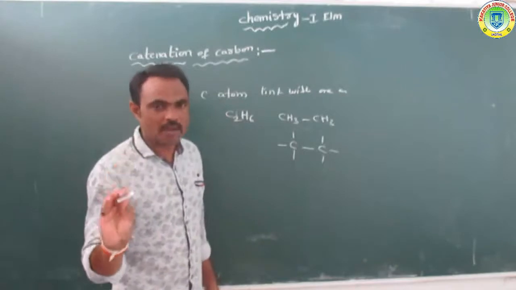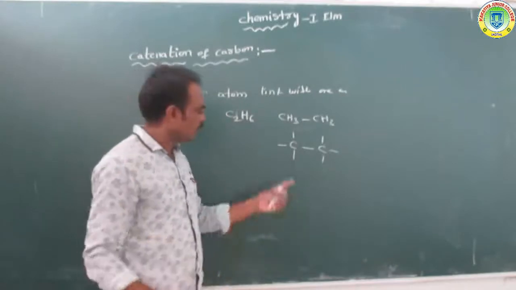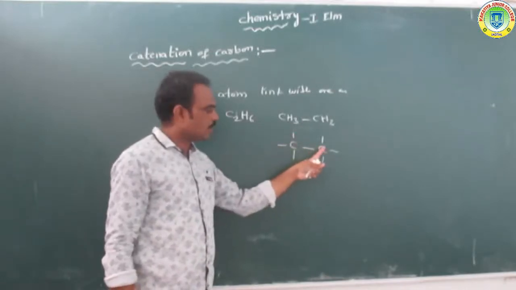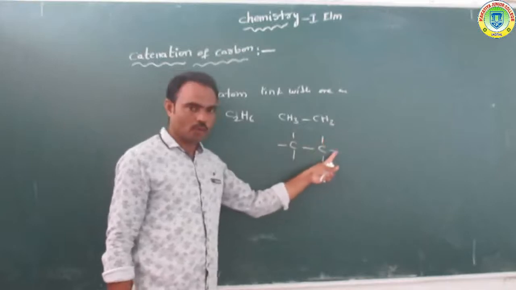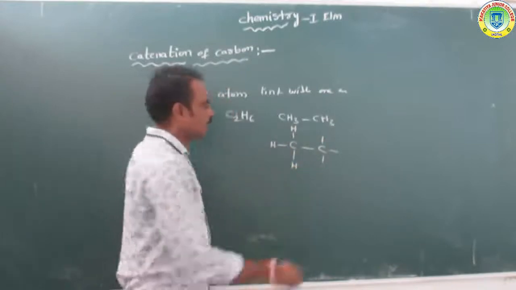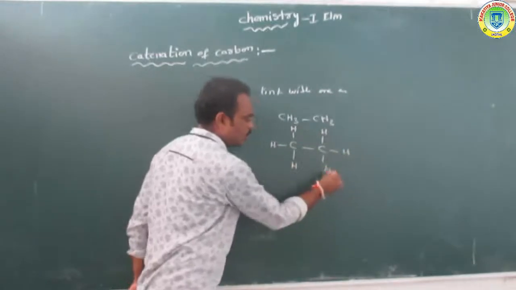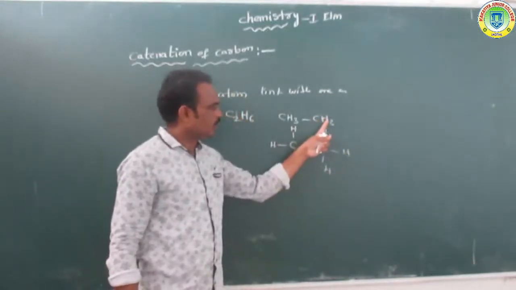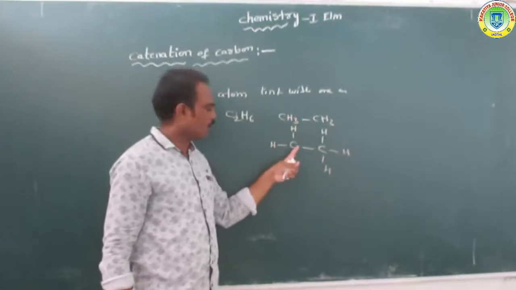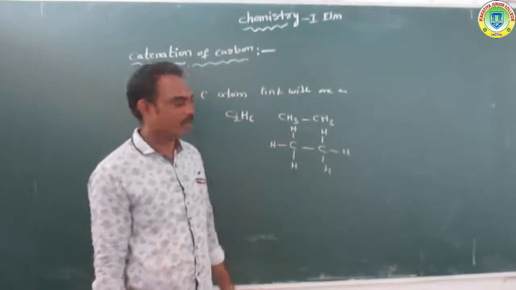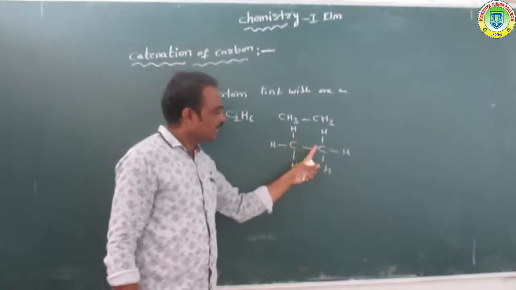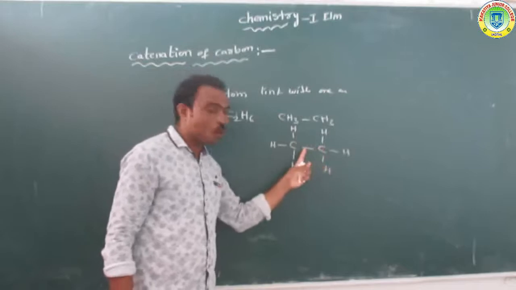Each carbon has 1, 2, 3, 4 bonds, and overall three hydrogens on each carbon, CH3 bond CH3. So the carbon atoms link with one another with a covalent bond.